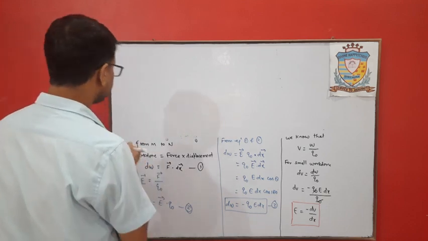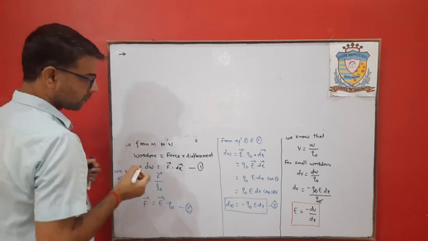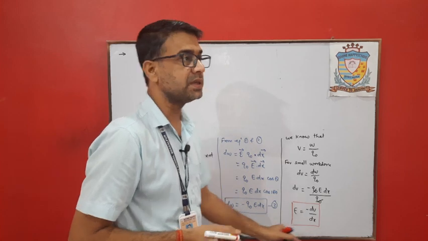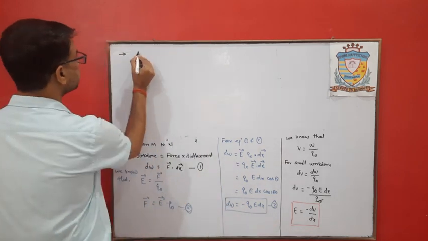First point, the ratio of potential with distance is known as potential gradient.